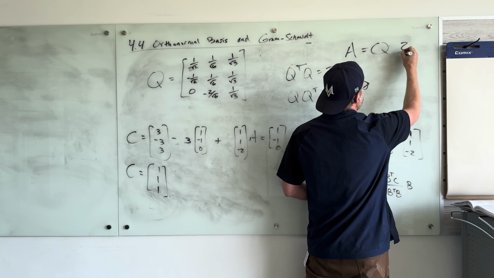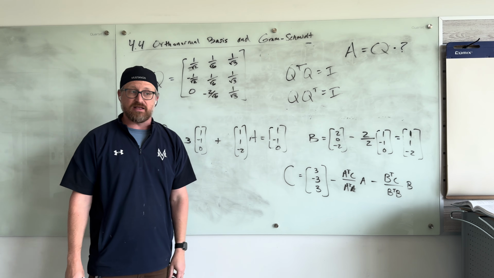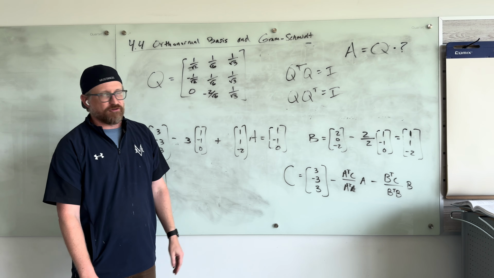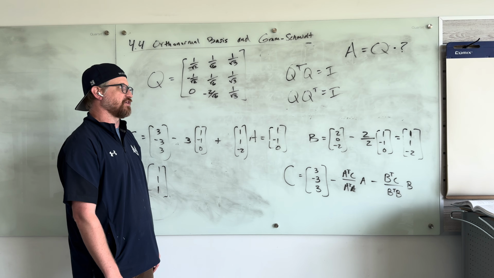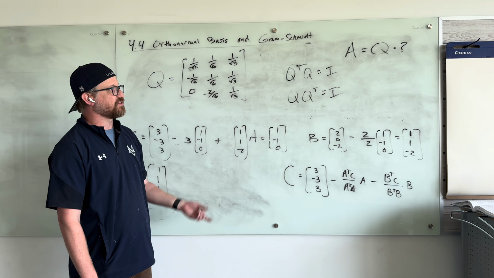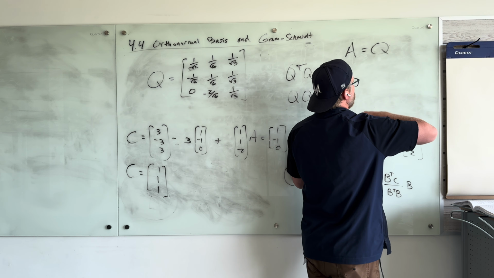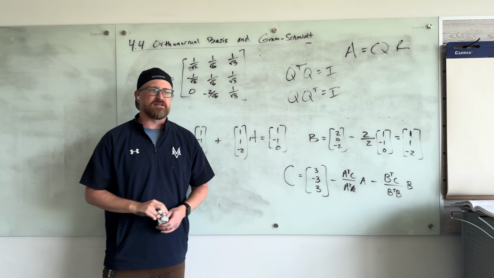In other words, there's something else multiplying with this Q that could take us back to A. The operations that we're performing give another factorization here. It's just like L and U when we factored back in Unit 2. And so that's what the last part of this series in 4.4 will look at, the actual factorization where this question mark is an upper triangular matrix. And so how do we find that upper triangular matrix? And it's actually pretty smooth.